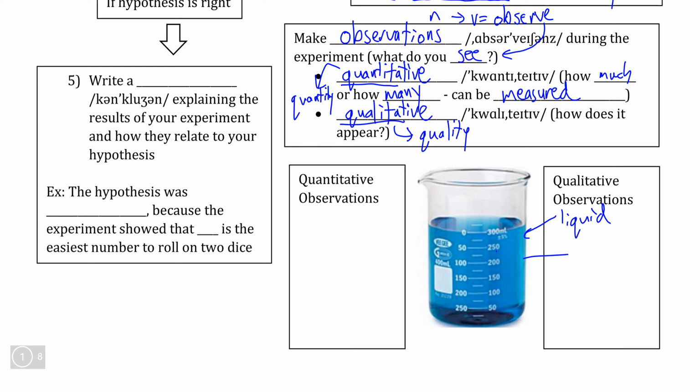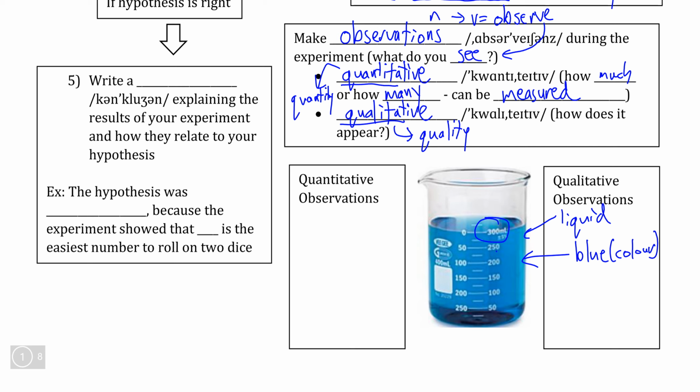We can also see that this liquid is blue. In other words, we're commenting on the color of this liquid, which means, because you can't describe color with numbers, not yet anyway, that you are making a qualitative observation about the color of the liquid. However, in this case, you can also make quantitative observations.